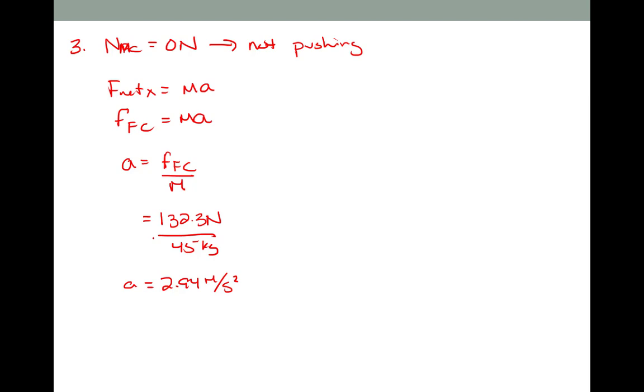This question is not asking what the acceleration is. It wants to know how quickly the cabinet comes to a stop. Knowing the acceleration and how quickly it is moving to begin with, we can use our constant acceleration equations. Again, we're making an assumption that the acceleration will be constant, to find that time. So at t equals 0, I'm going to let it be at x equals 0.